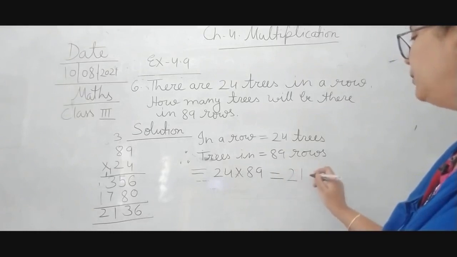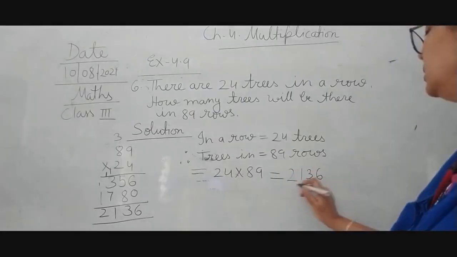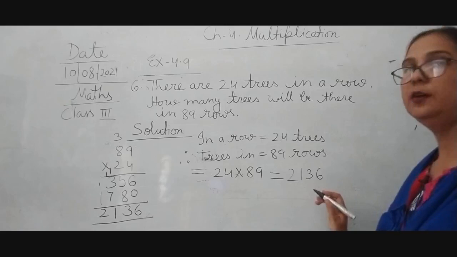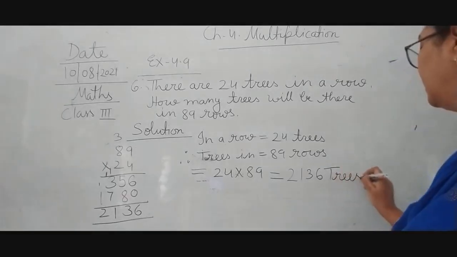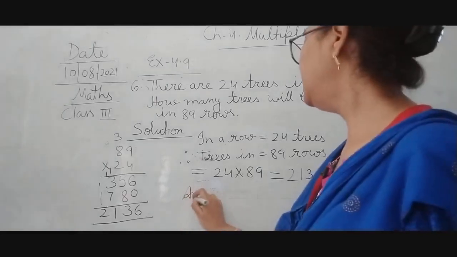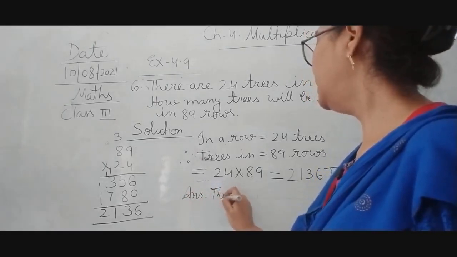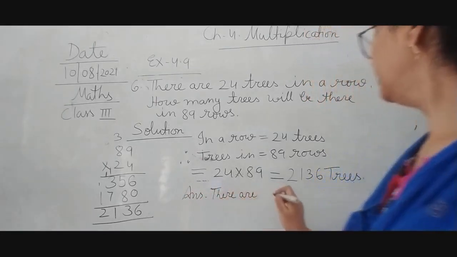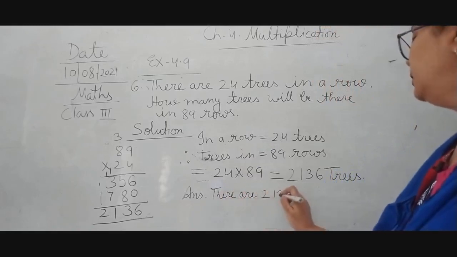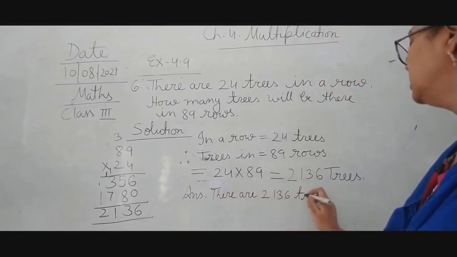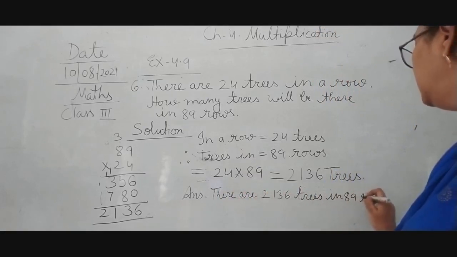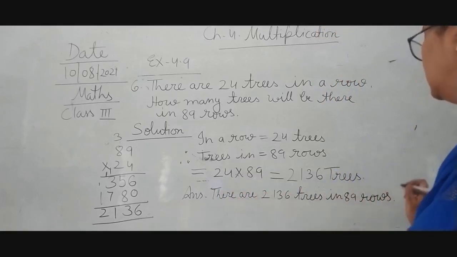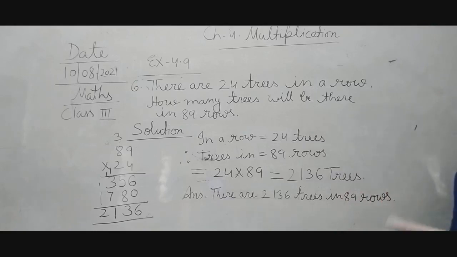There are 2136 trees. Now the answer we will write, there are 2136 trees in 89 rows, okay. So this is your answer.